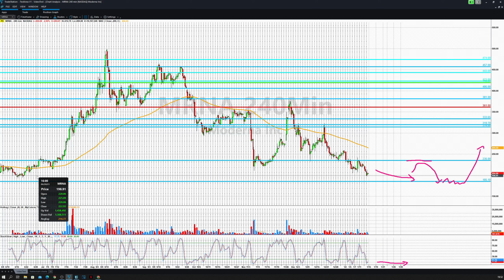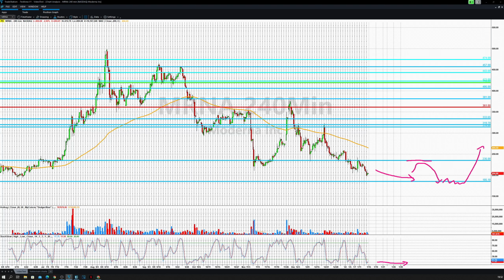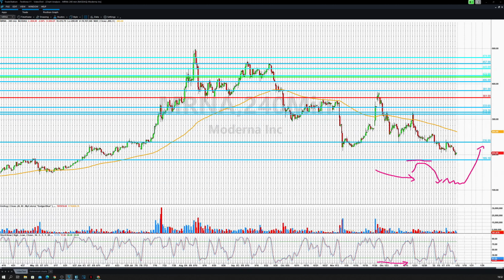Yeah, you know what, it might even do that. But let's see. Check here. There's the possibility even for it to move lower to the 165. Here the toggle. Yeah, it could reach to.